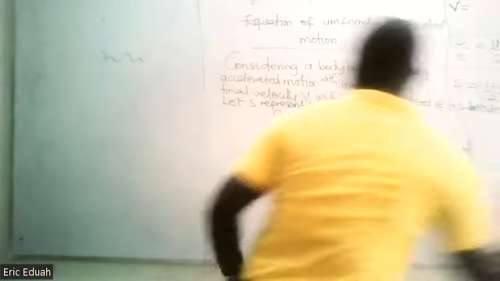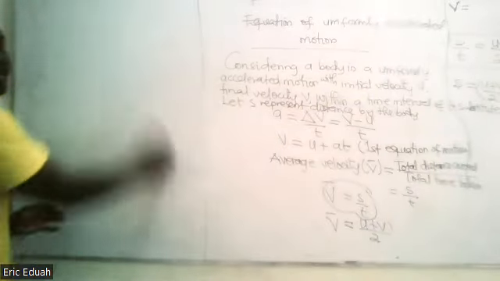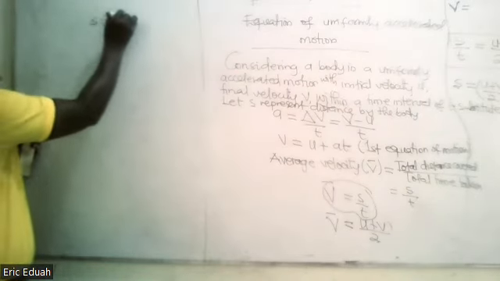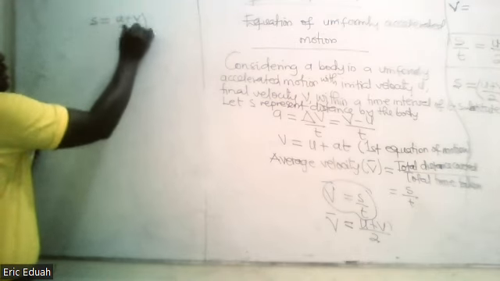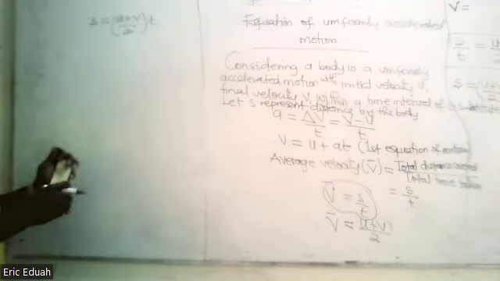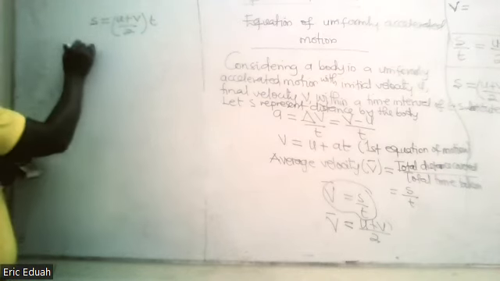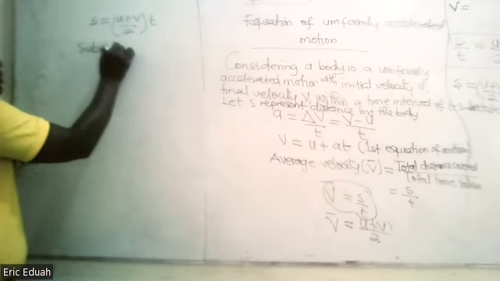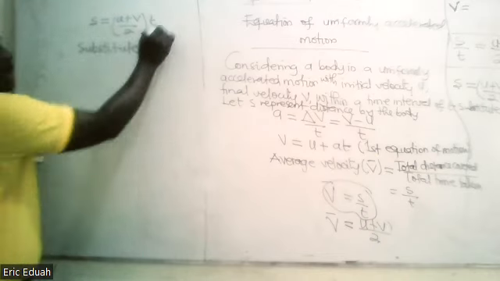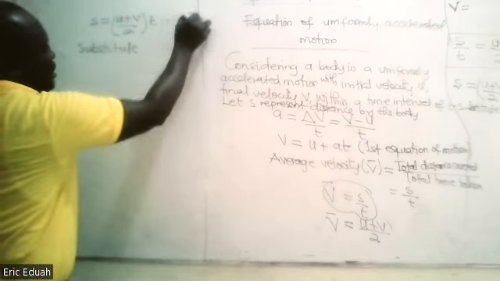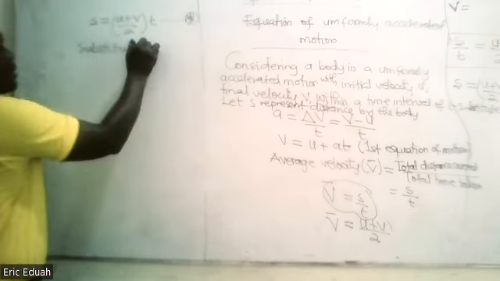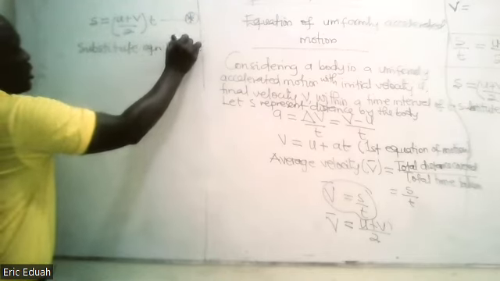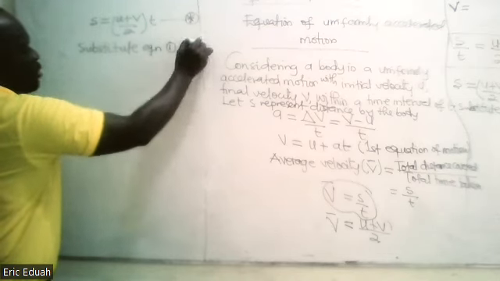So we have S being equal to U plus V all on 2 times T. Let's substitute equation 1, the first equation of motion, into the equation I have labeled as star.